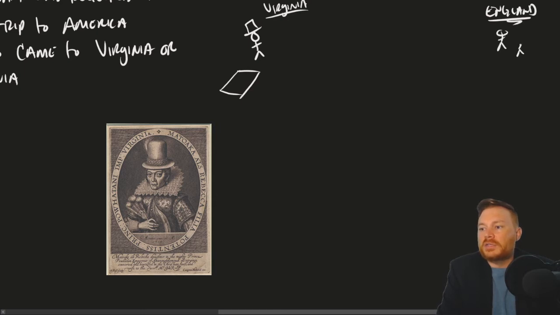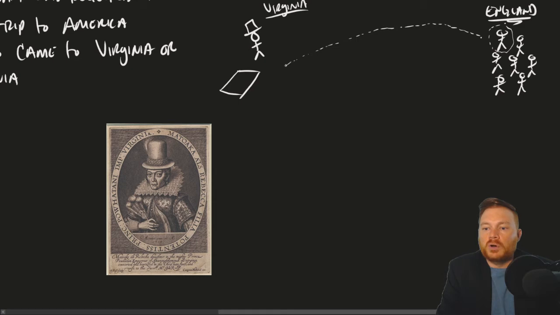They're roaming the cities sort of homeless. The New World sounds like an attractive place to go, but they don't have enough money to get there. And so the way that the headright system works is that the landowner pays for this guy to come over. He becomes an indentured servant. He agrees that he will work on this piece of land for 5 to 7 years.